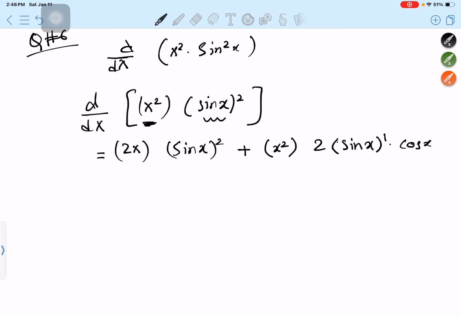It doesn't really look like there's too much else to do on this one. They simply rewrite it again as sine squared x. And then it looks like, okay, maybe a couple of things here. So let's see, we have 2x sine squared x plus x squared times 2 sine x cosine x.